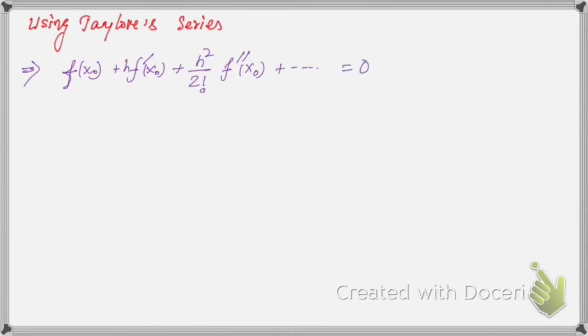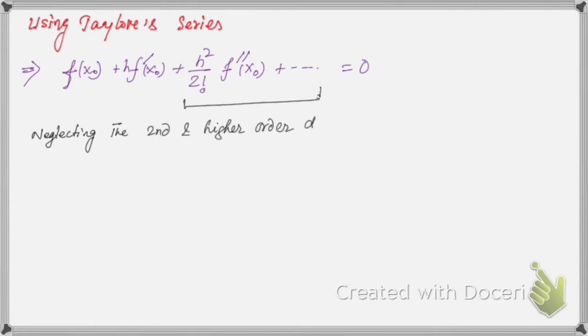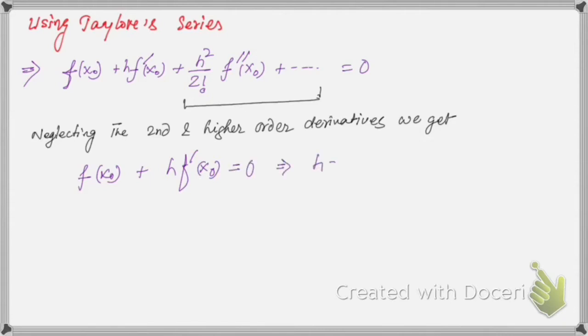Here we are going to neglect the second and higher order derivatives. So neglecting them, we get f of x naught plus h f dash of x naught is equal to 0, which implies h is equal to minus f of x naught by f dash of x naught.